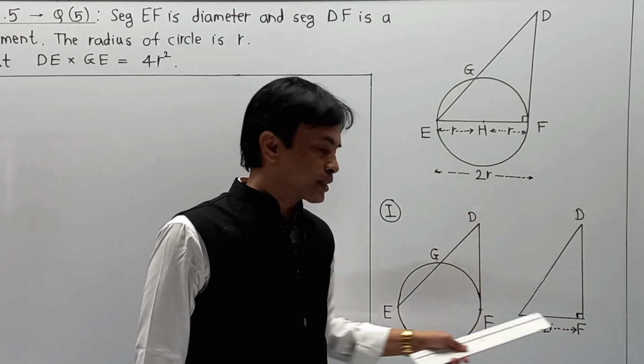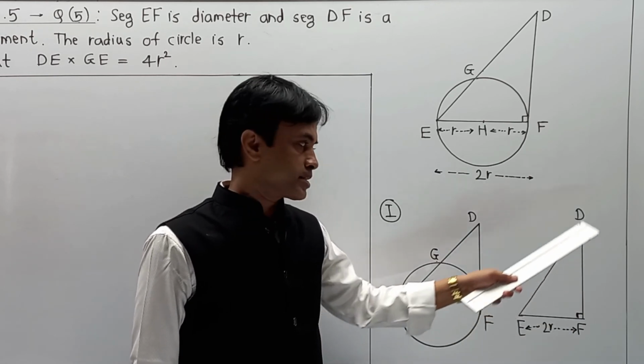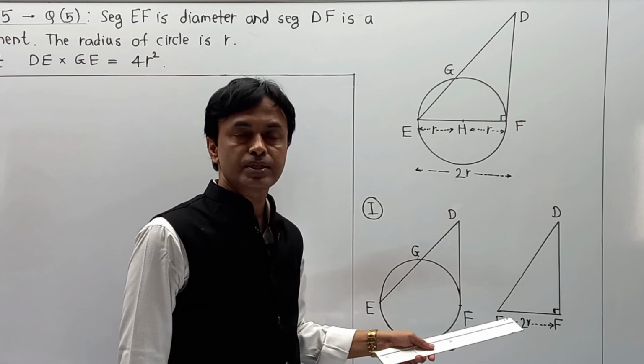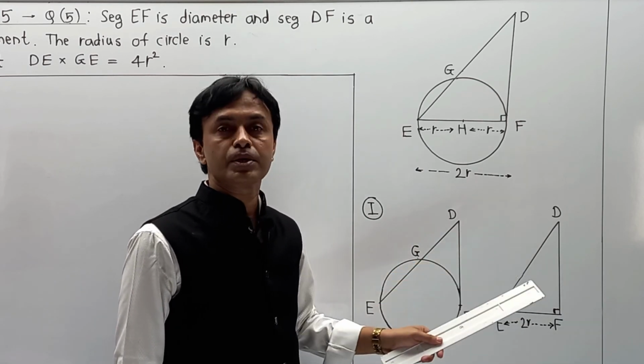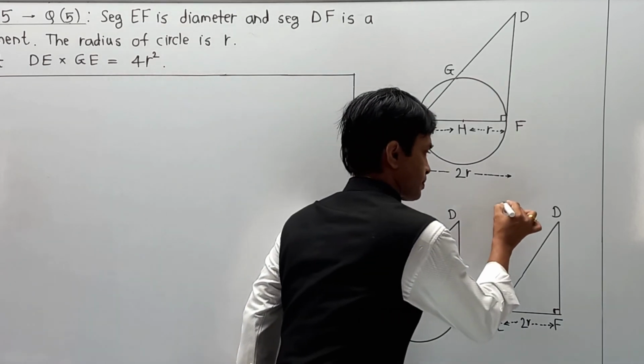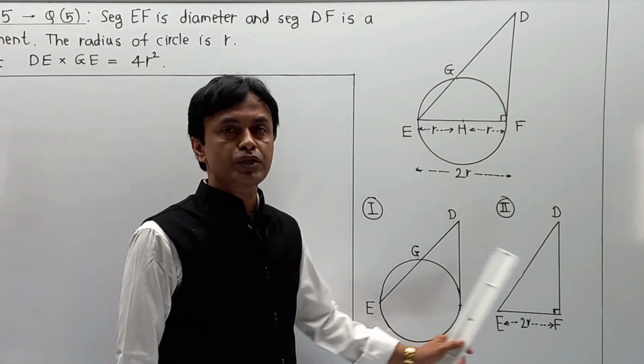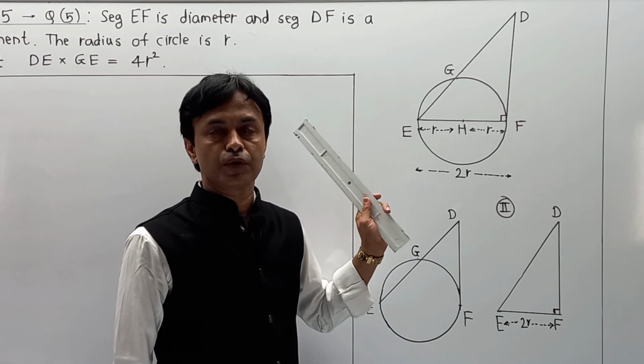Now, we are using Pythagoras theorem over here: DF square plus EF square is equal to DE square. And in this way, with the combination of 1 and 2, we are going to reach your final answer.